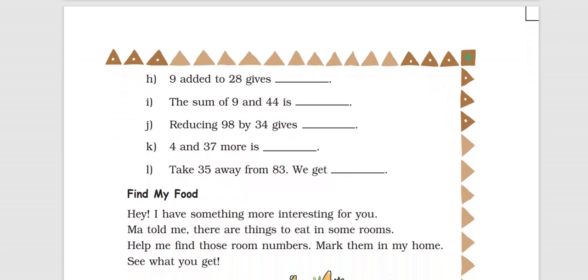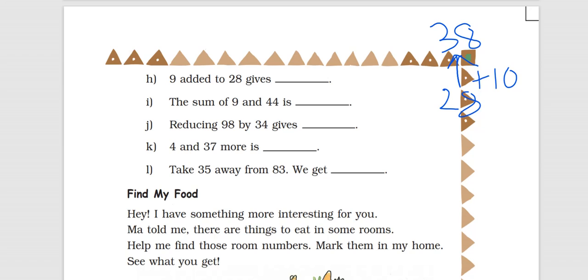Okay, the next one is 9 added to 28. Let's start with 28. Okay, let's do it this way. This is also easy. Let's go one step up. Bear with me. I know we are adding more than we should, but listen. 28 plus 10, you go one step up, it becomes 38.